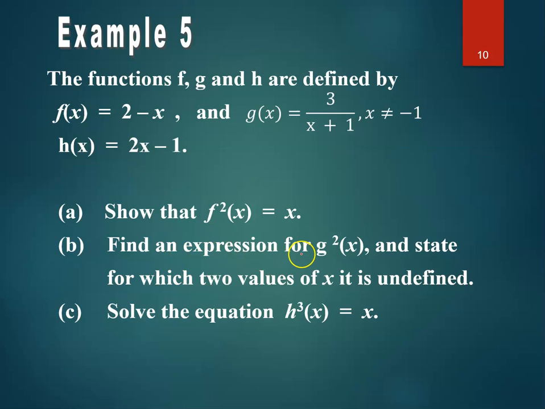Then find an expression for g squared of x and state for which two values of x it is undefined. And then solve the equation h cubed of x equal to x. So it's getting complicated here. You have f squared and then at the end you're going to have h cubed, h to the power of 3.